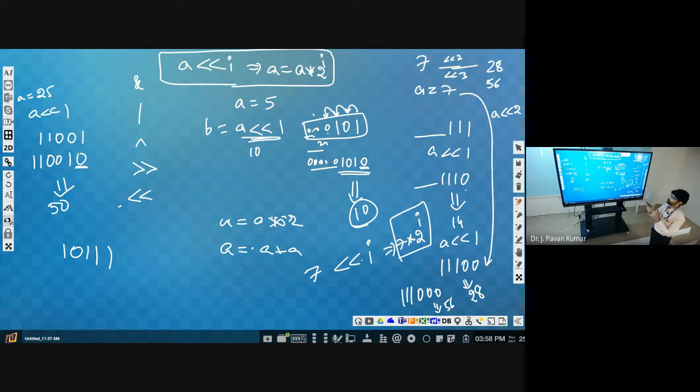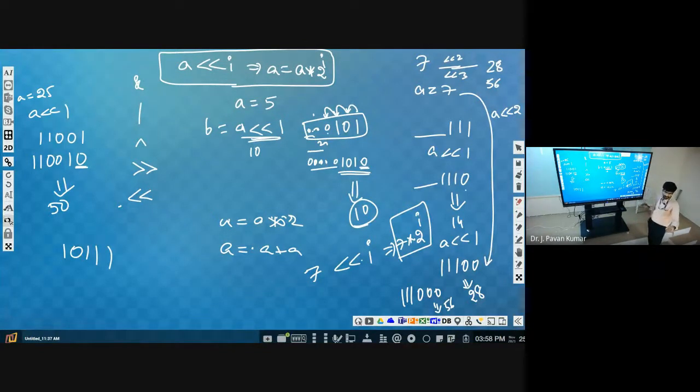So without even converting into binary, we could say the answer. If I give a value as a 10, then left shift 2, automatically you can say 40 is the answer. Left shift 2 means 2 power 2, 4 into the given number. That's it. Like that you could use this left shift operator.